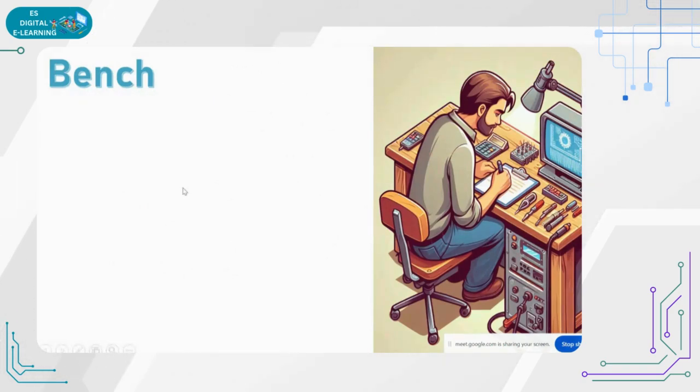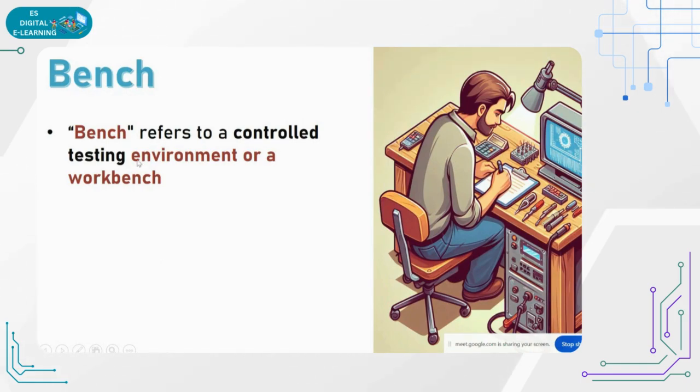So what is a bench first? Bench refers to an environment or workplace. Whatever the hardware or CAN case Excel, and the power supply, all will be part of the bench. Bench refers to the table.